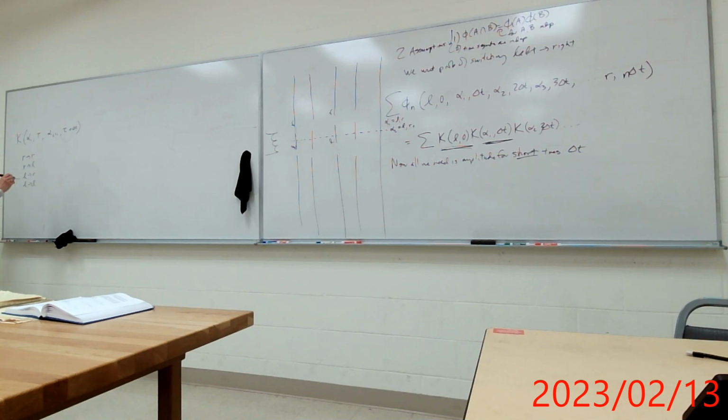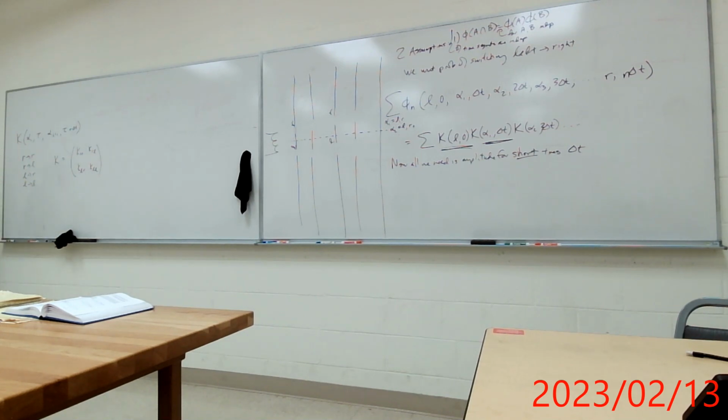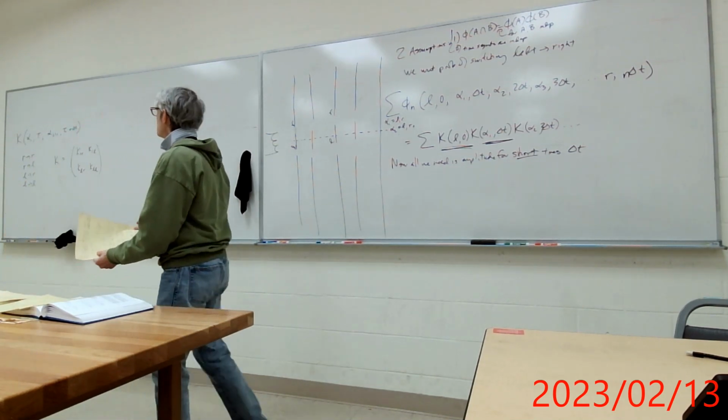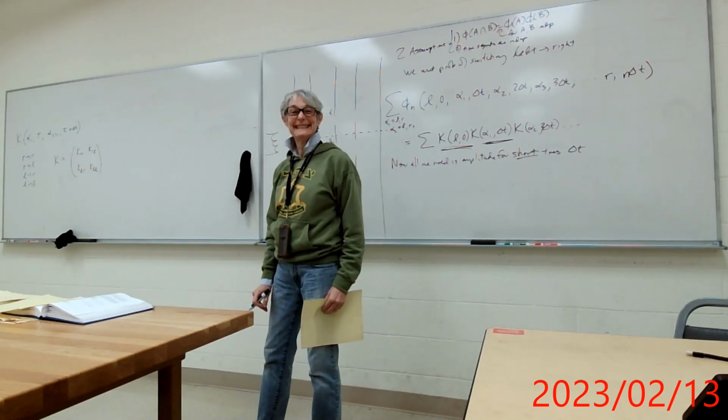So let's write this as a matrix, K. So this is a matrix: K_RR, K_RL, K_LR, K_LL, in time delta t. Okay, so now let's talk about making delta t really, really small.